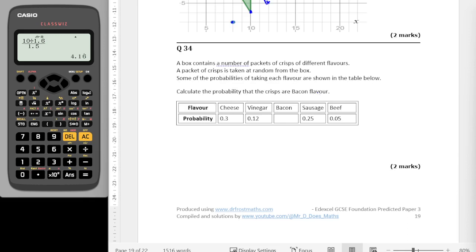So that's our only missing probability, so we need to add up the other ones. 0.3 plus 0.12 plus 0.25 plus 0.05 adds up to 0.72. So the bacon must be 1 minus that, which is going to be 0.28.